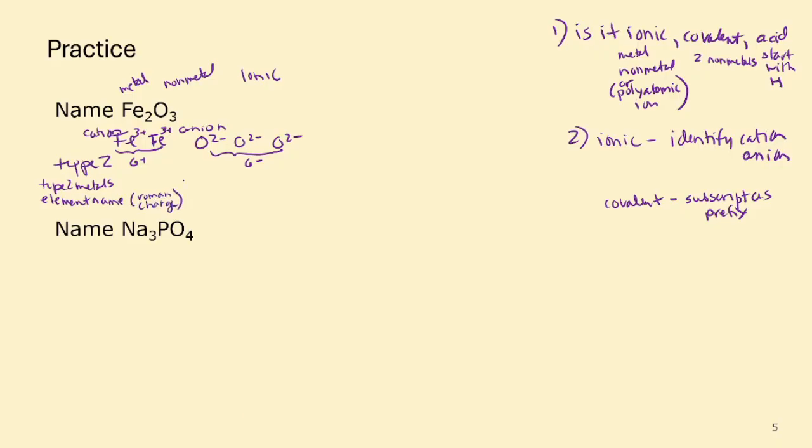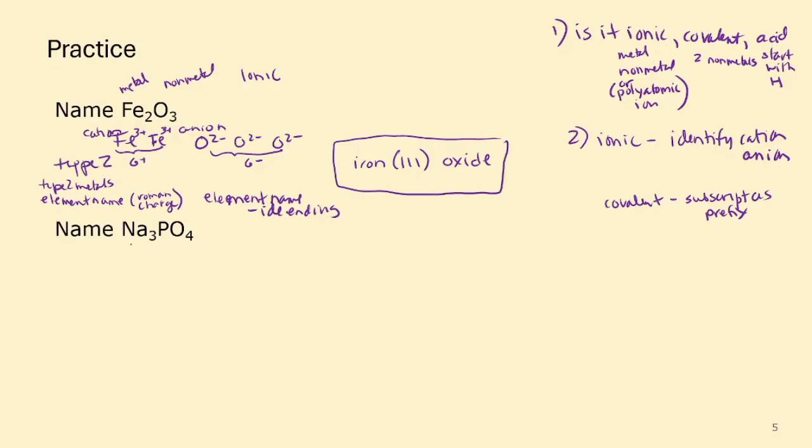And the anions are named as the element name with the "ide" ending. Okay, so for this, it would be iron. Because it needs the Roman numerals charge, I figured out that it's +3. 1, 2, 3. And then oxygen, but I'm going to change the ending to "ide."